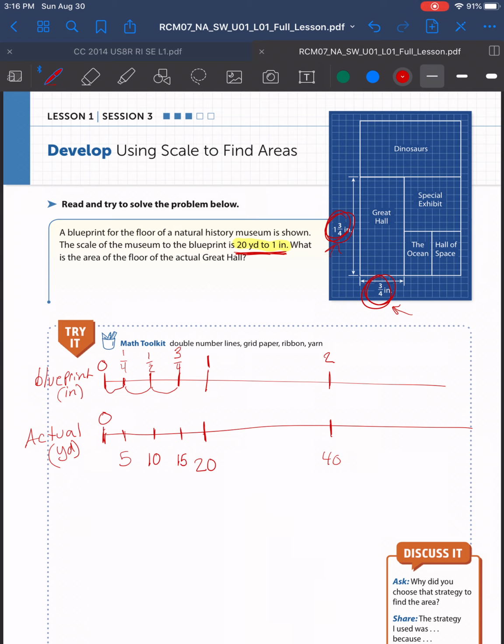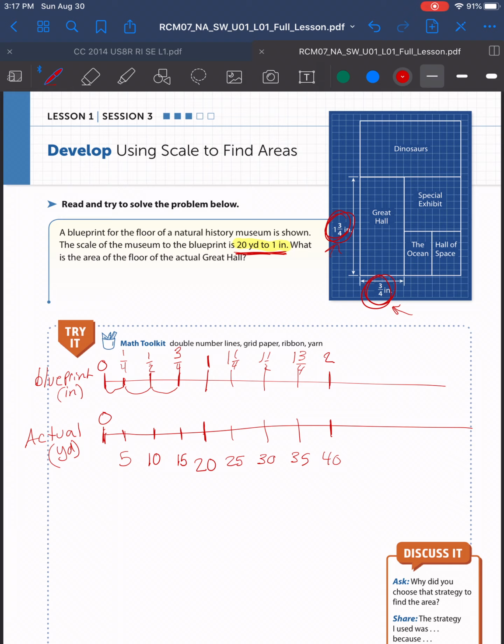So I'm just going to keep splitting it into fourths and pretending each one is worth 5, okay? So here's a fourth, here's a fourth. So if that was the case, this would be 25, 30, 35, and then 40. So this would be 1 and 1/4, 1 and 1/2, 1 and 3/4, 2.